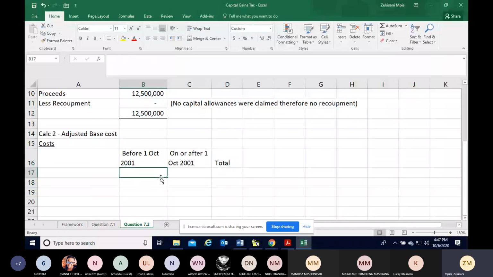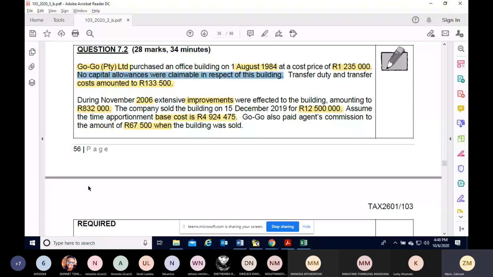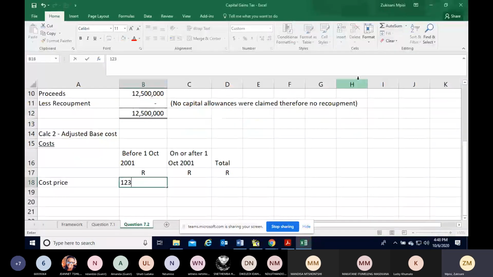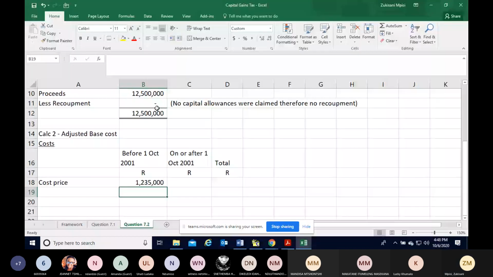The first thing we will always know is the cost price, which is 1,235,000. All that is important in tax is to have frameworks. These things that I've given you today are frameworks to calculate CGT.